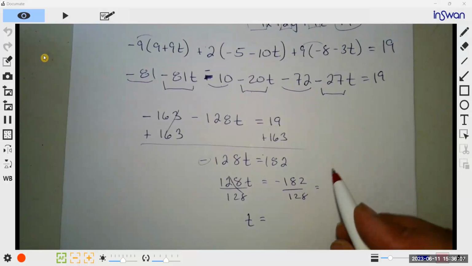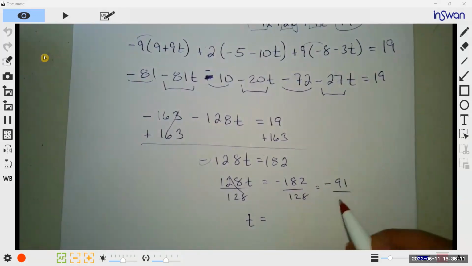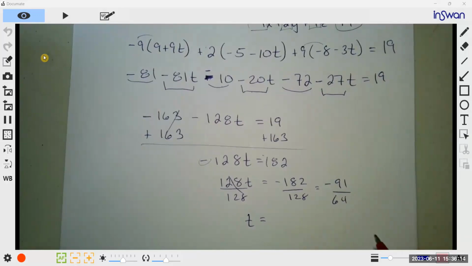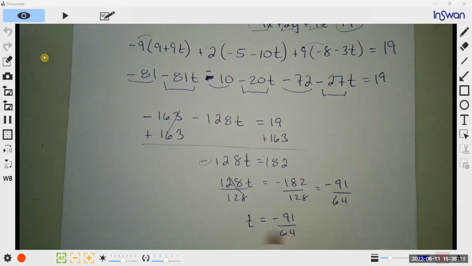They're both divisible by 2, so 2 goes into the top 91 times, and into the bottom 64 times. So negative 91 over 64. That's what t equals.